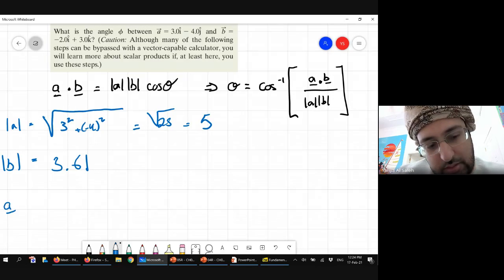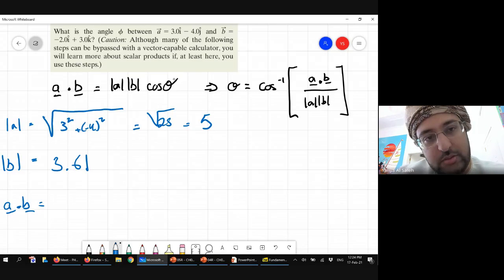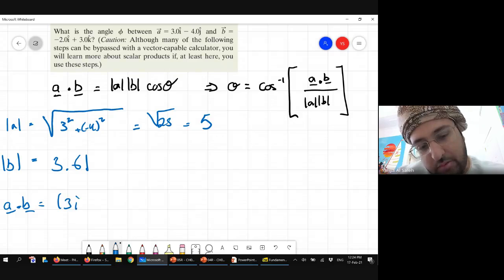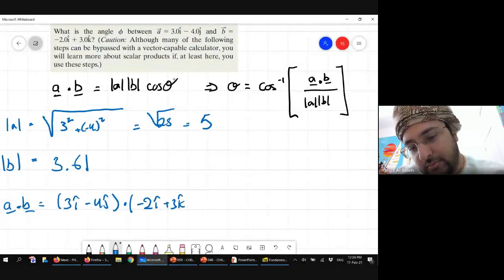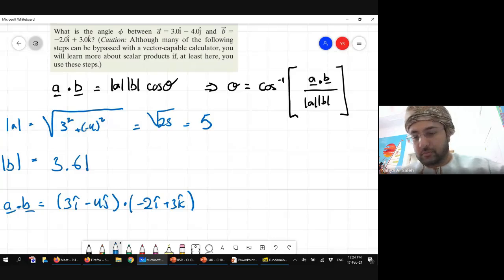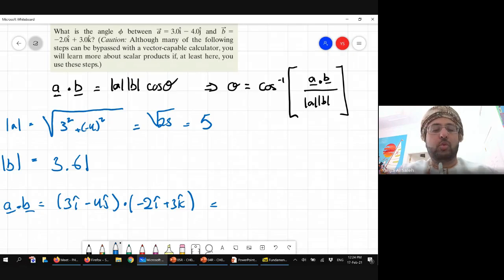A dot B equals 3i minus 4j dot minus 2i plus 3k. Can someone help me do this? What is the result of this?